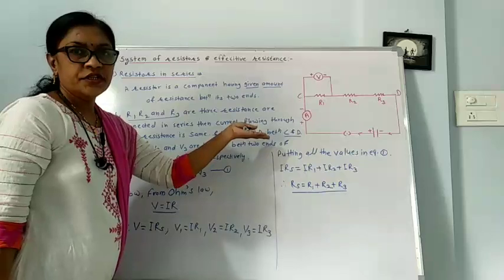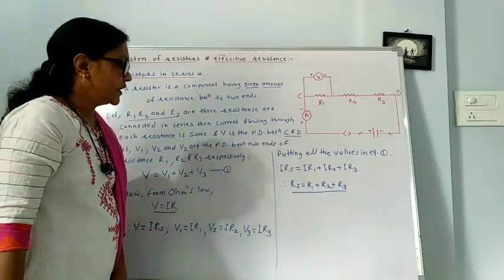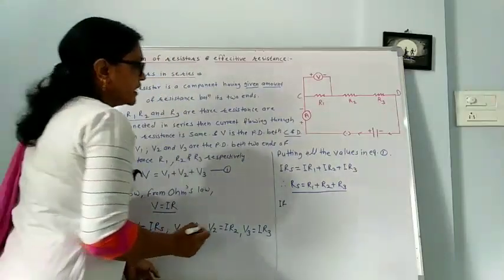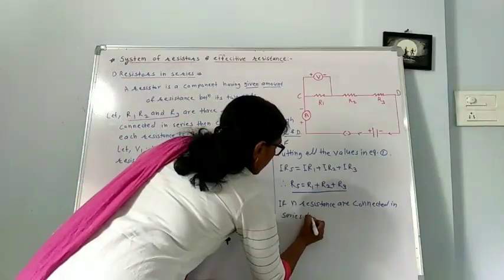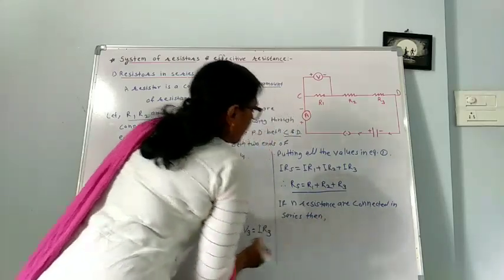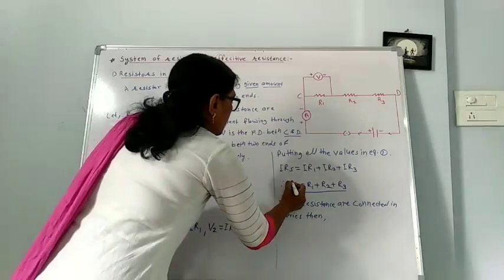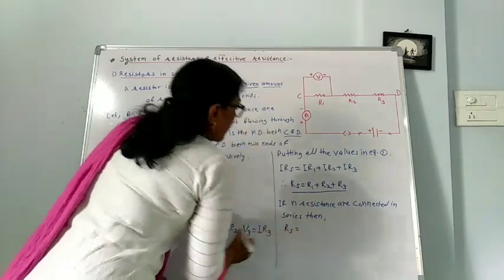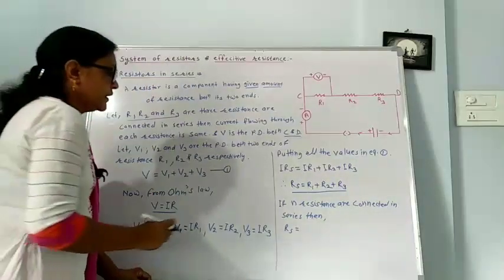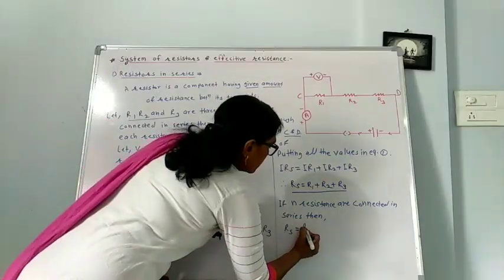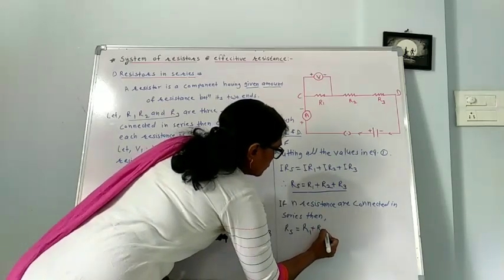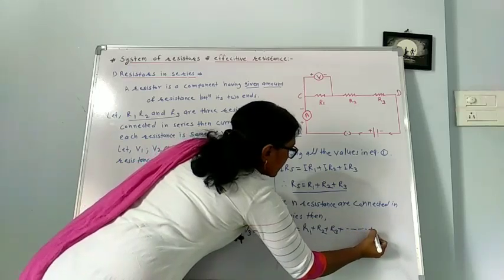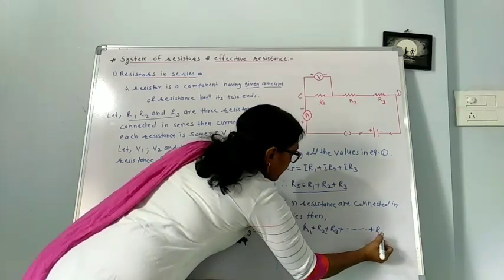If more than three resistors are connected, then what will be the effective resistance? If n number of resistors are connected in series, then effective resistance RS, S for series, is equal to R1 plus R2 plus R3 plus up to Rn.